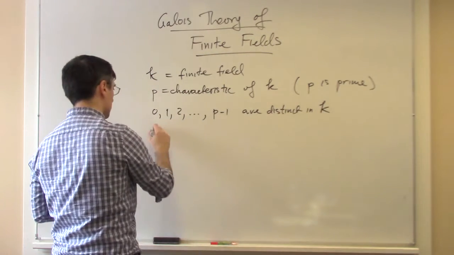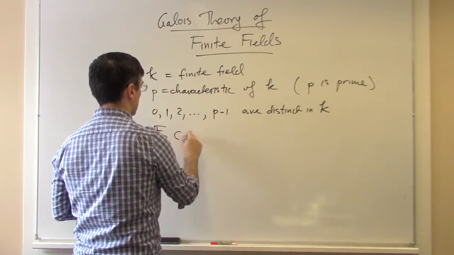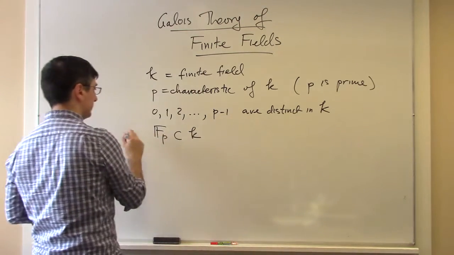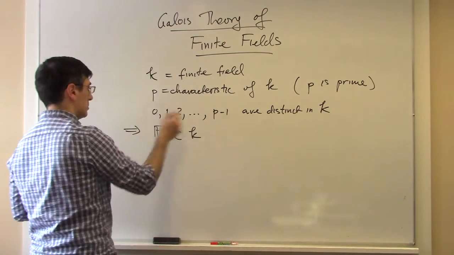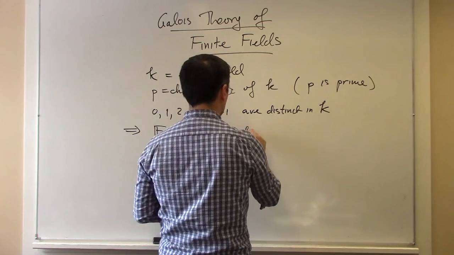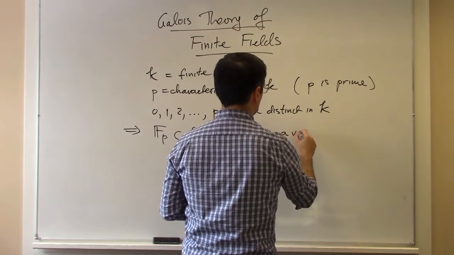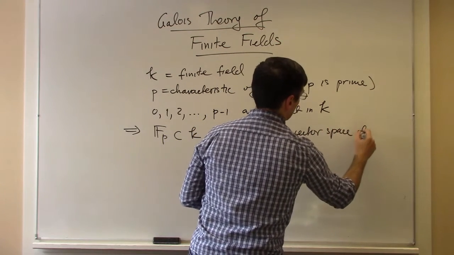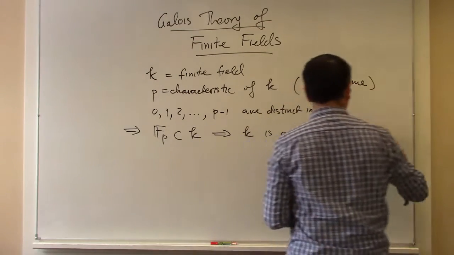So this means that K contains this F_p, and this implies that F_p is in K. This implies that K is a vector space over F_p.